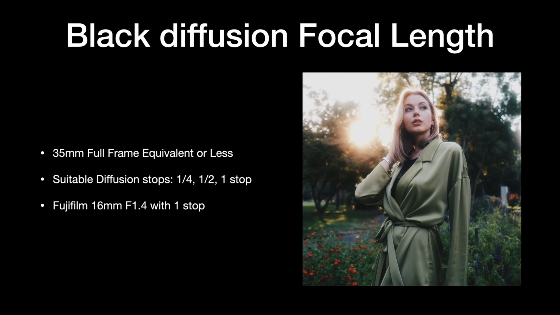What I concluded, based on my experience shooting the last 5 or 6 shoots, is that if the focal length is less than 35mm full frame, like Fujifilm 16mm is equivalent to 24mm, and Fujifilm 23mm is about 35mm, then I will just use 1/4, 1/2, or 1 stop. You can even use 1 stop on a wide angle like this 16mm f1.4.